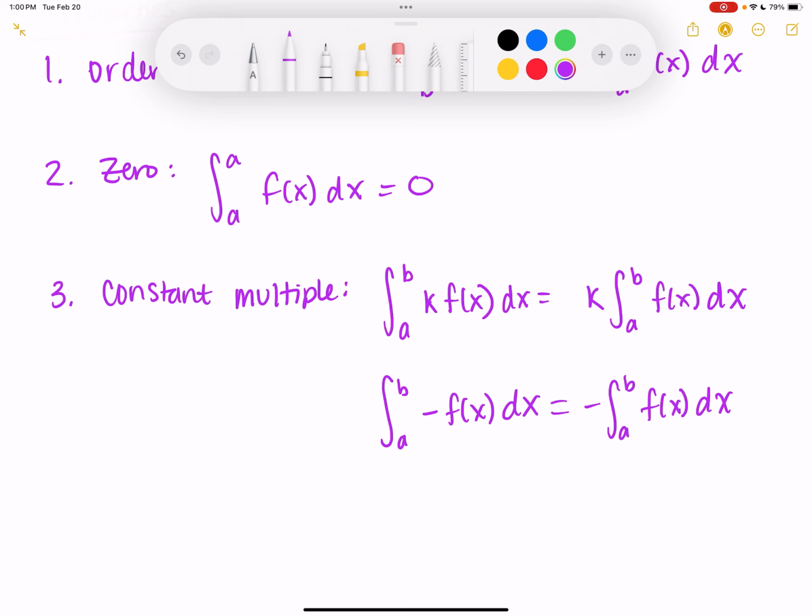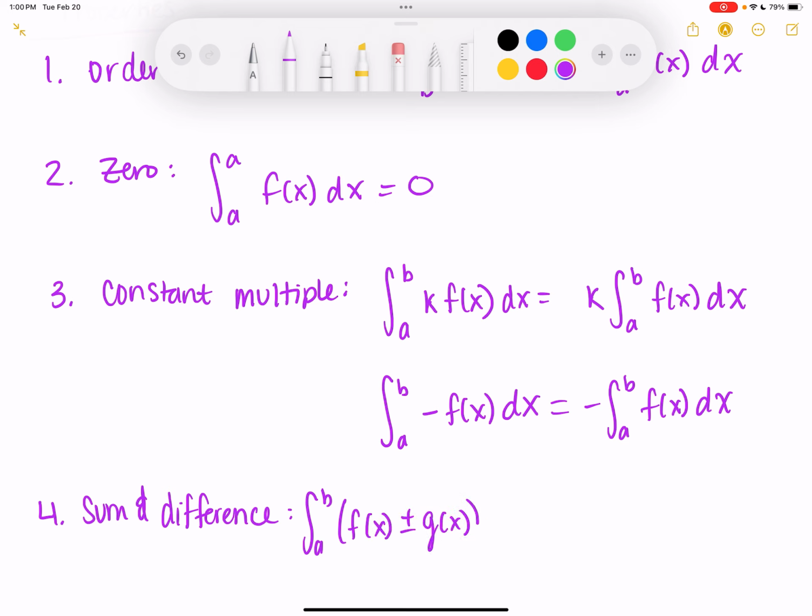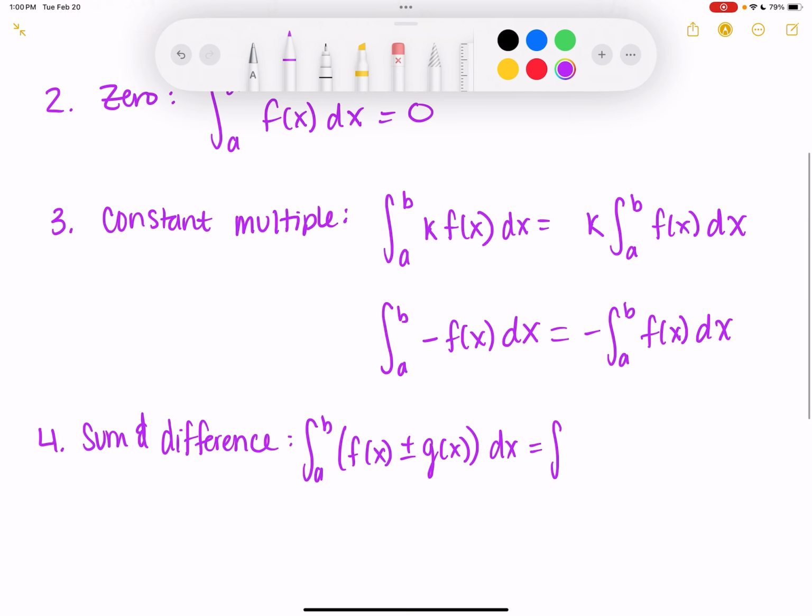The next one is the sum and difference property. And it is as it sounds. This says that if we have the integral from a to b of f of x plus or minus g of x dx, this is equal to the integral from a to b of f of x dx plus or minus the integral from a to b of g of x dx.